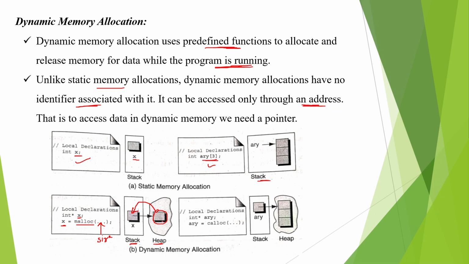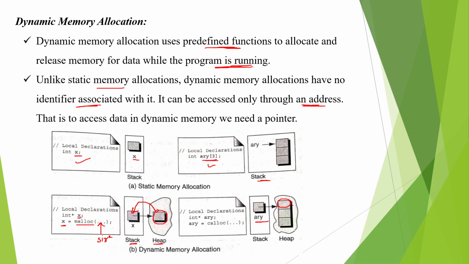Heap lo nundi manaku dynamic ga memory kavalante this is how we do. For an array also the same thing. We keep the array reference on the stack, and the contiguous memory location. Calloc means contiguous memory location. And for this calloc we need to give two types of parameters. One is the size of each block.